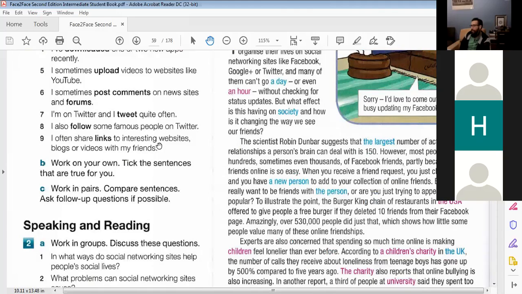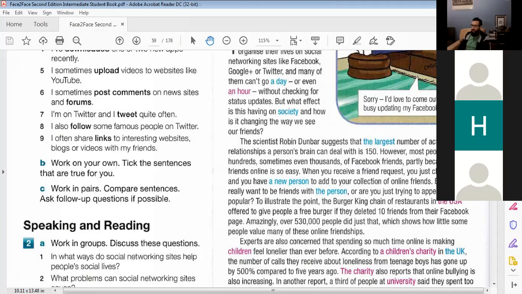True. But what did she say about this exactly? She mentioned something. The Burger King deal with the people who can delete 10 friends, maybe. That's why.